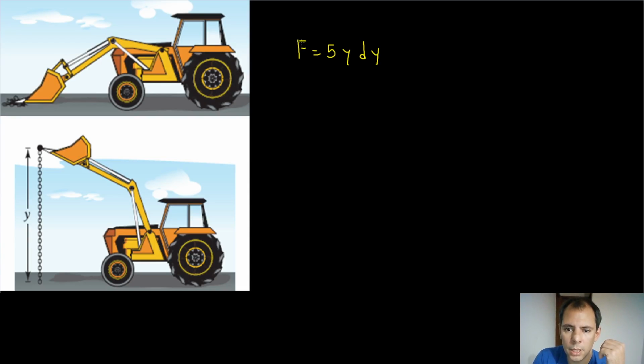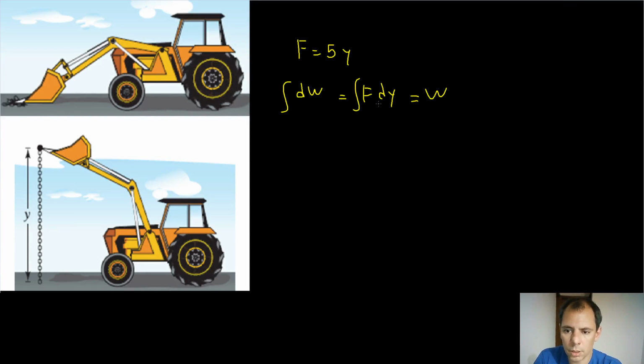The derivative of the work with respect to y in this case is the instantaneous force. So when you put the dy in here, what you have is the derivative of the work. So when you integrate this, you get the work.